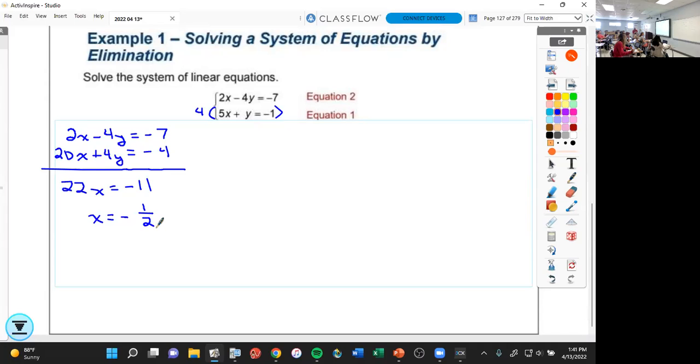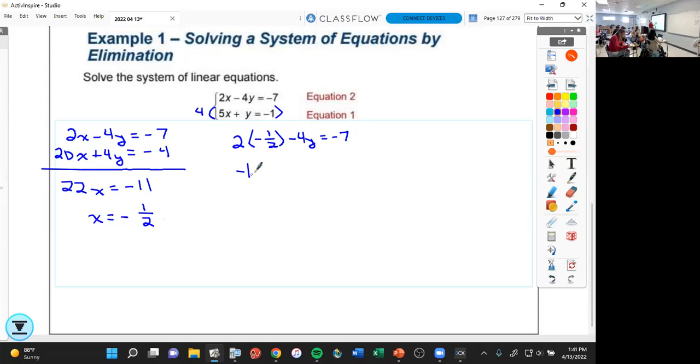That's exactly right. Yeah. So I could plug it into either equation 1 or equation 2. Because equation 1 has an odd coefficient, half of an odd number is going to leave me with a decimal. I'll try to avoid that. So I'll take that -1/2 and plug it into equation 2. So I have 2 times -1/2 minus 4y equals -7.